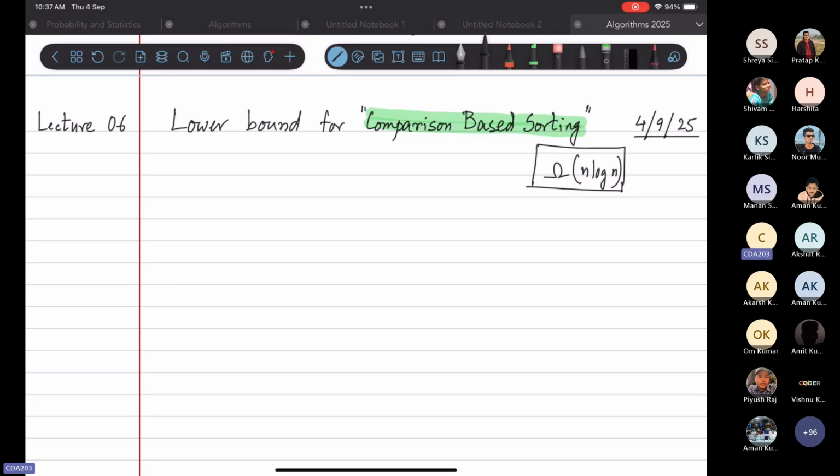So is it problematic? Let me just check how to turn this off.